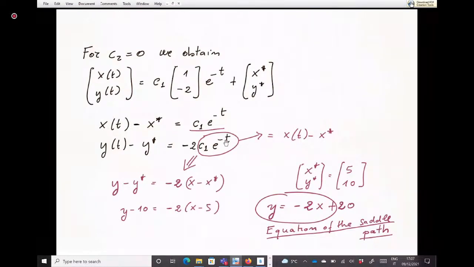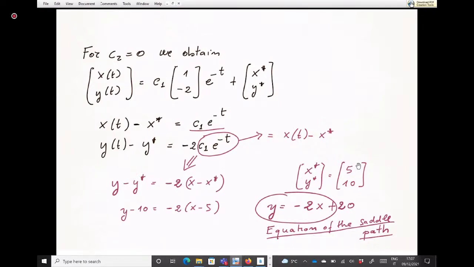This is called transforming a system which is written in parametric form into a system in which y and x are related to each other by a relation in the plane xy, okay? You see here, these both depend on t. But you can eliminate the dependence on t and relate x to y, and you get this.